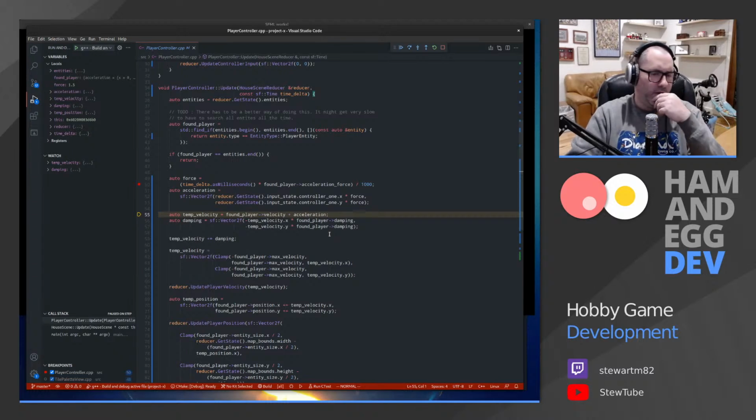We get the player's current velocity and add the acceleration to that. The acceleration is 0.